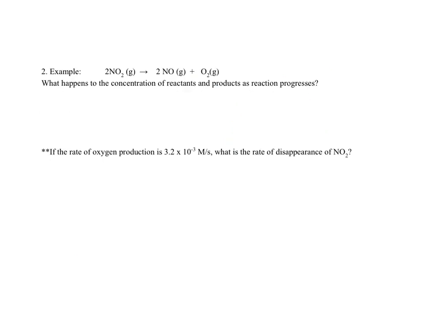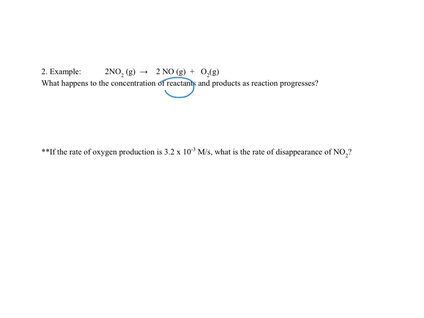Okay, so let's take a look at concentration here. In this example, we've got 2 nitrogen dioxide molecules on my reactant side decomposing, this is a decomposition reaction, producing nitrogen monoxide and oxygen gas. That does look balanced. I've got 2 nitrogens on each side, 4 oxygens on both sides. So what happens to the concentration of the reactants and products as the reaction progresses?